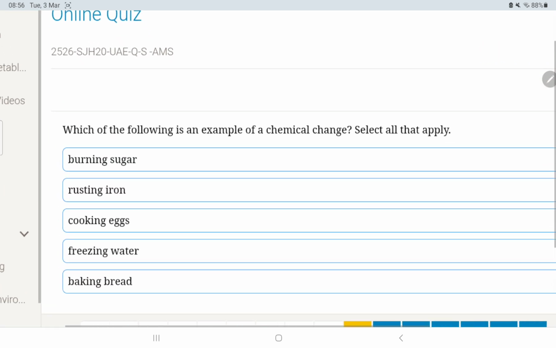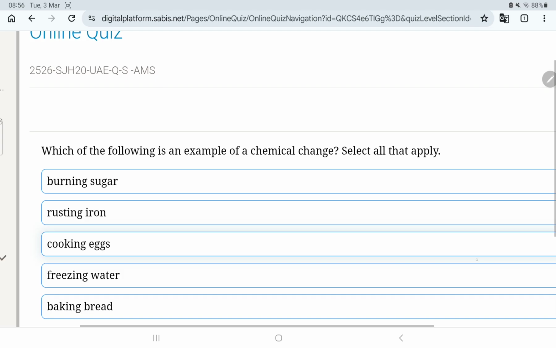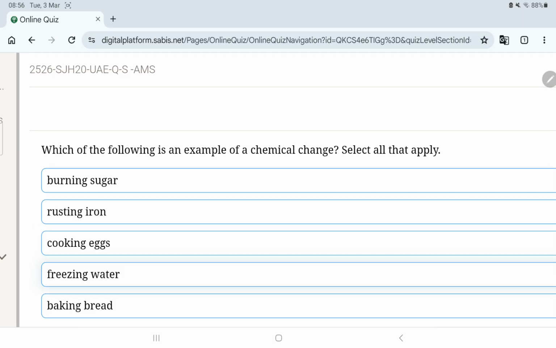Let's go. Which of the following is an example of a chemical change? Now, guys, what's a chemical change? It's a change when new substances form. Okay? So let's see.